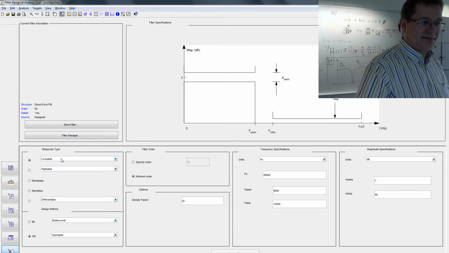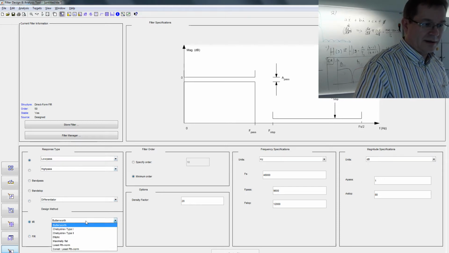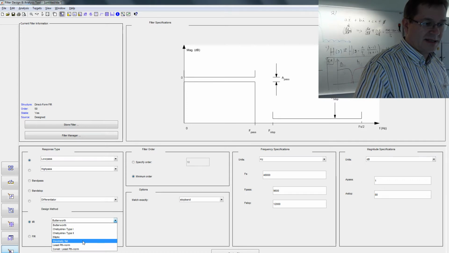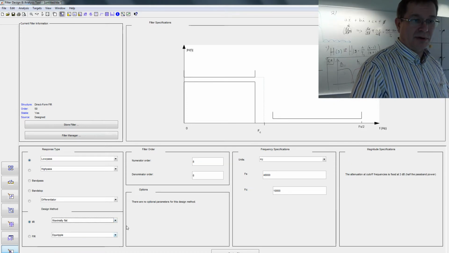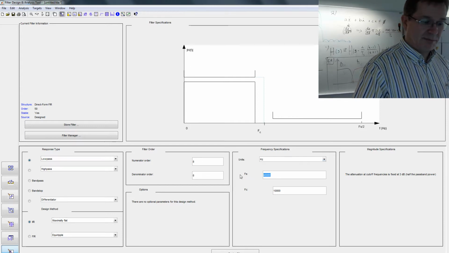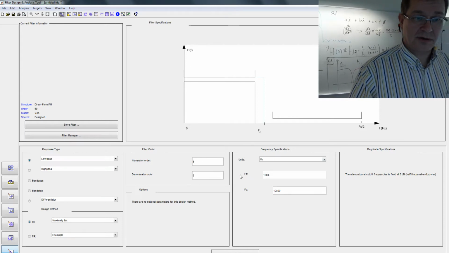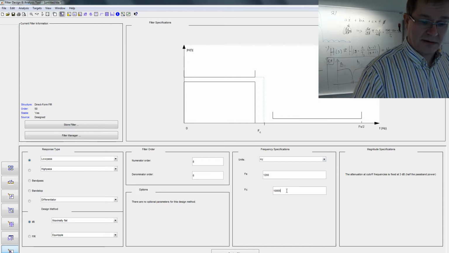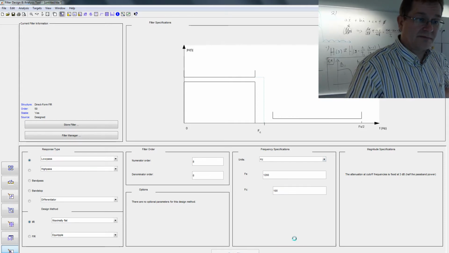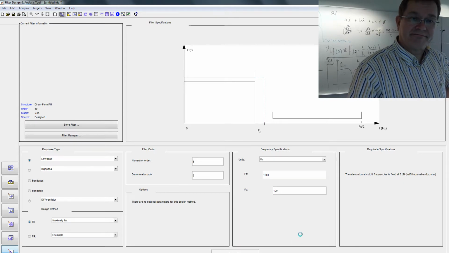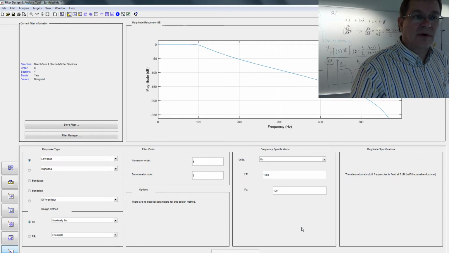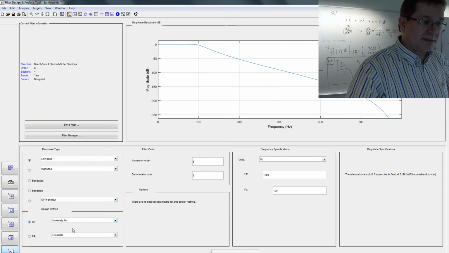So low pass filter, for example, let's make it IIR maximally flat, and then we just set the sampling rate, oops, cutoff frequency 100 hertz, design filter. Thinks for a while, and then you get this kind of maximally flat filter.